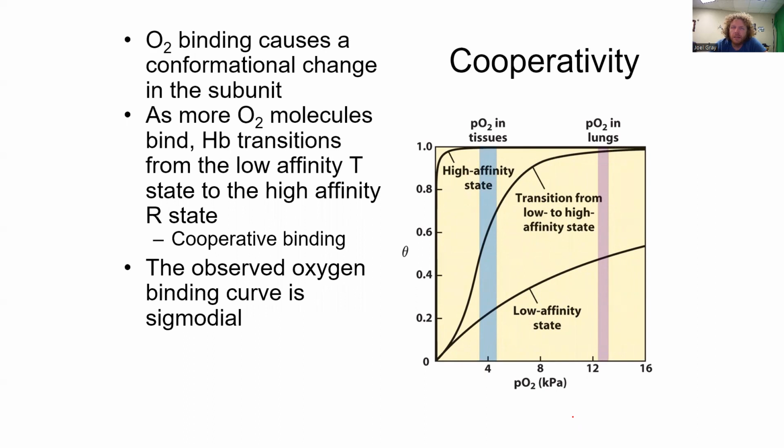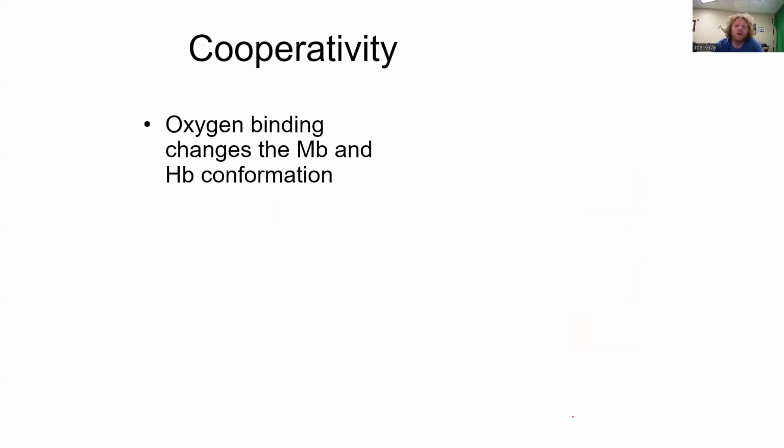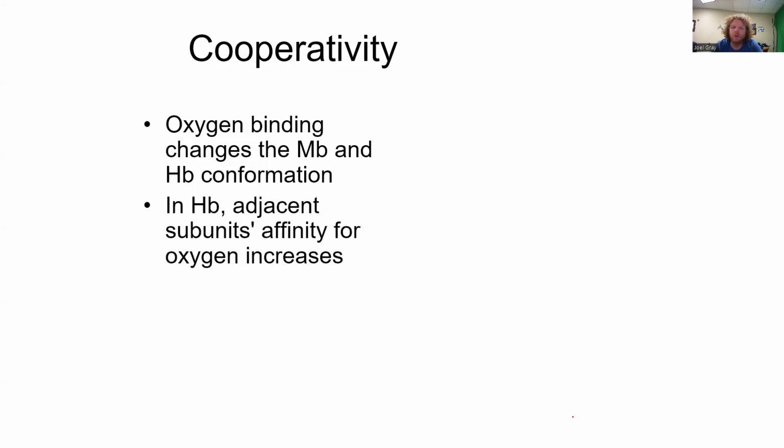Now, this can only be seen in multi-subunit proteins because we're going to see one subunit impact the other subunits, which impact the other subunits and basically increase their affinity for binding of O2. So oxygen binding changes myoglobin and hemoglobin conformation. But the important thing is that myoglobin, if you remember, is a single subunit.